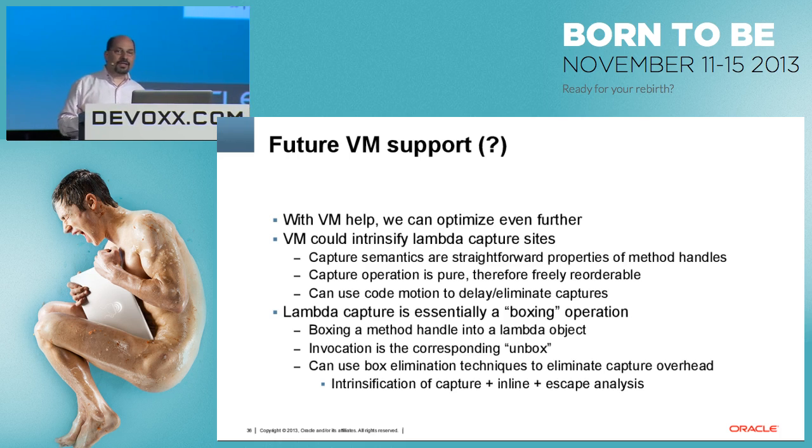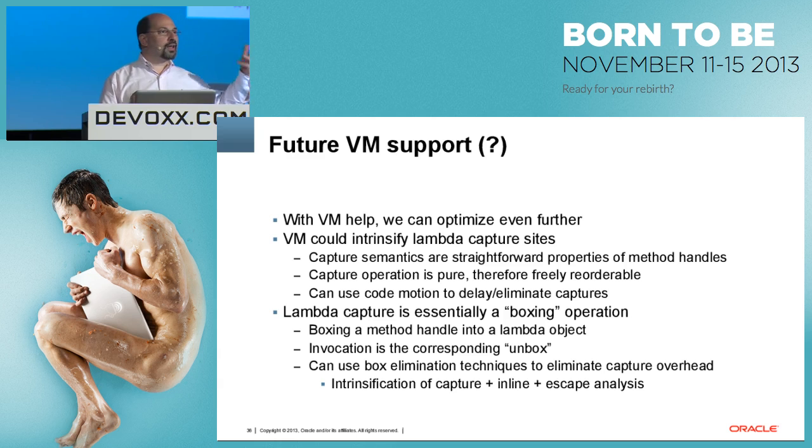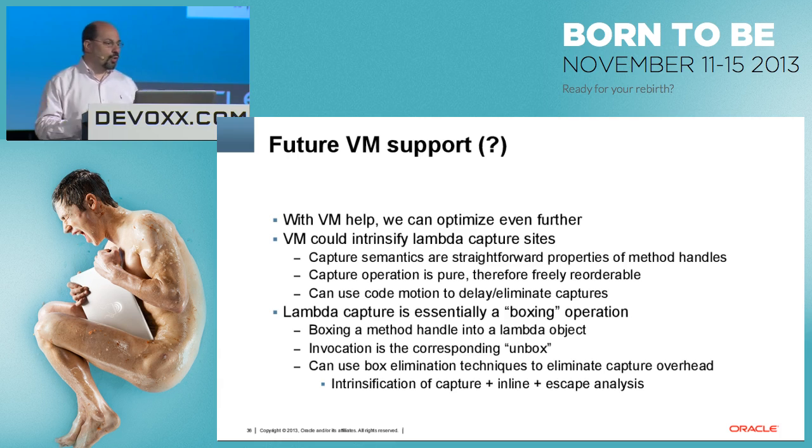The way to think about this is you can think of lambda capture essentially as a boxing operation. The functional interface, predicate, function, what have you, is like a box for a function pointer. Invoking it is like the unbox. So most of the techniques for box and unbox elimination are already present. You need code motion to move the box code closer to the unbox code. In order to do that, we need to be able to intrinsify the capture site.